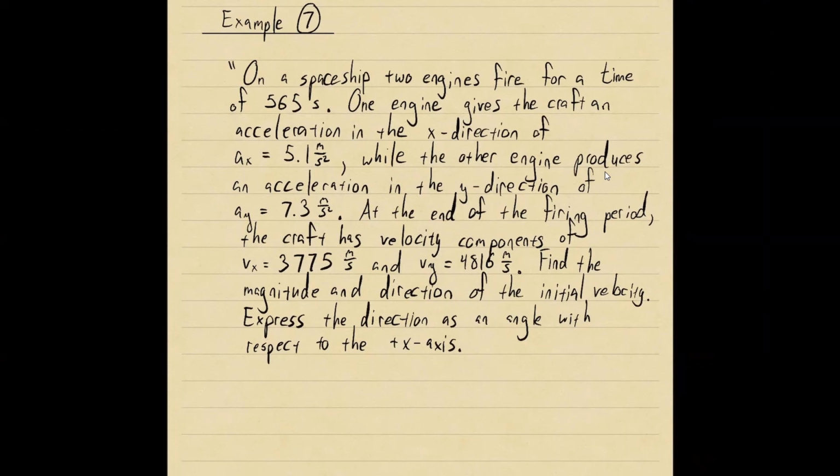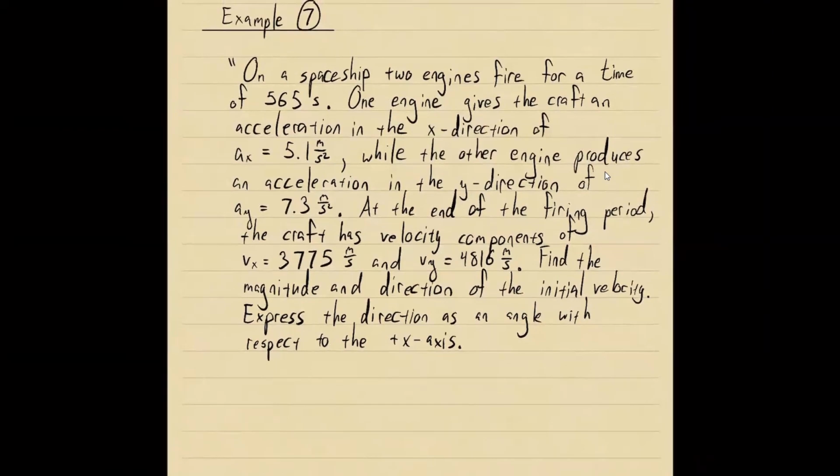All right, so this is an example of a constant acceleration problem. So the way that we're going to solve this is by noting that we have the accelerations, right? We have the time span with which these engines are firing. We know how long the ship is accelerating for. And we know the final x and y components for our velocity vector.